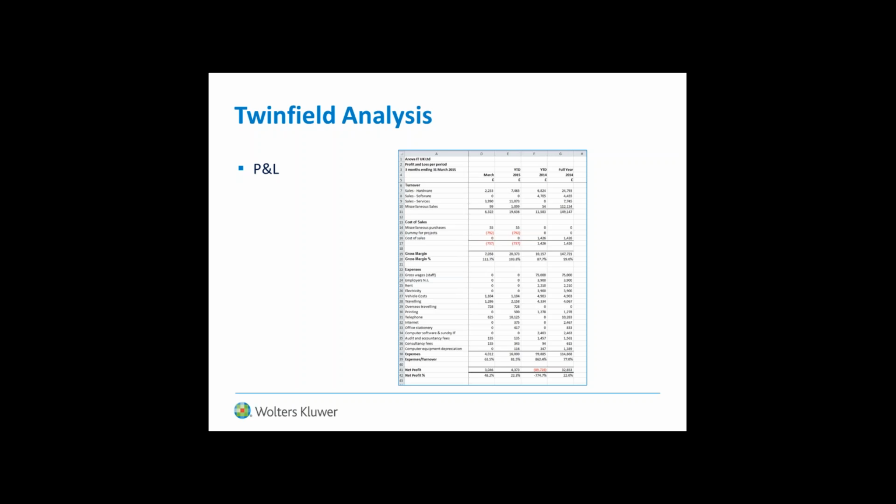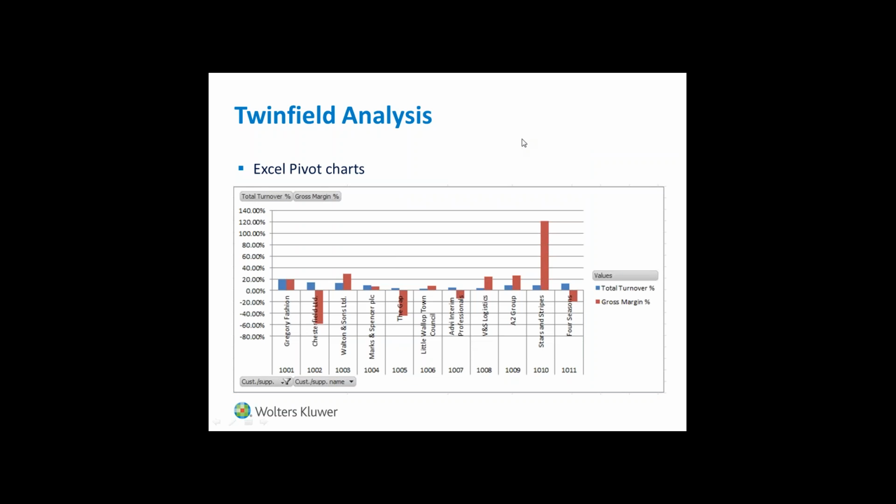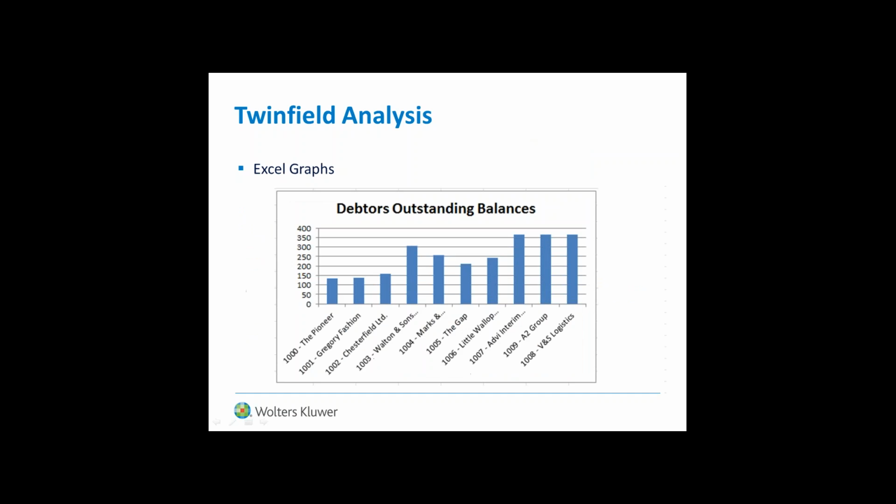So looking at this one, a traditional profit and loss, current month, year to date, same time last year, full year last year type report. Or this one here, a pivot chart, just using this Excel functionality with pivot tables, but showing graphical presentation of that data.